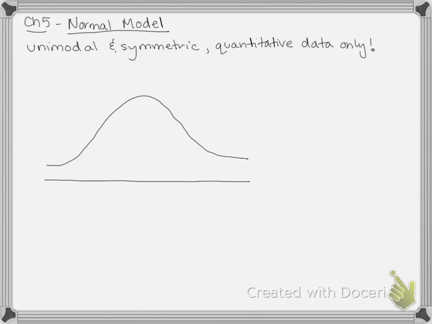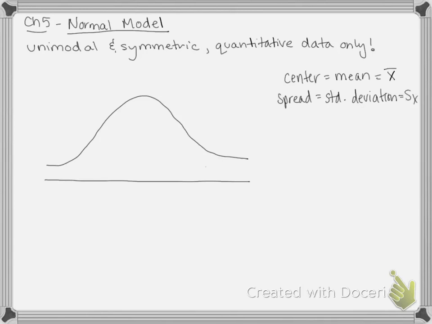Remember that way back in chapter 2, or 3, I don't remember, we said that the center would be the mean because it's unimodal and symmetric. And the spread, if you recall, would be the standard deviation. And this was x bar, and this letter was sx.